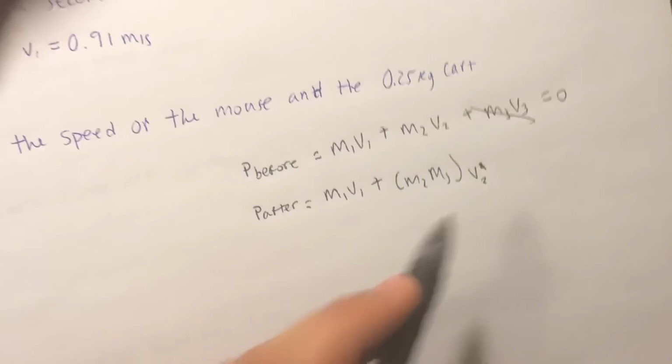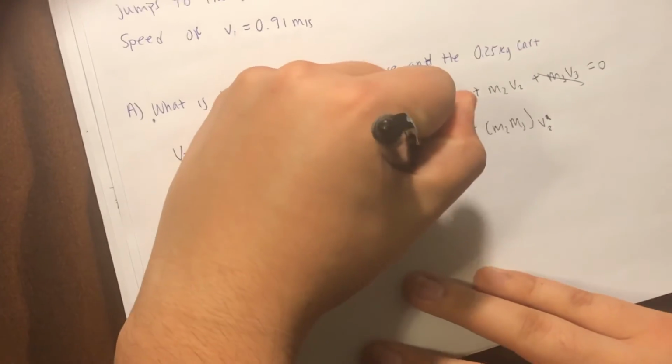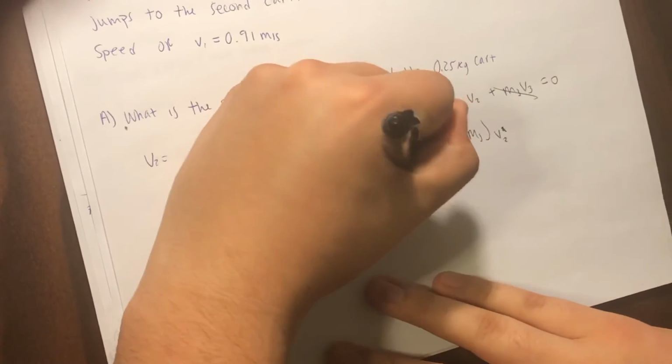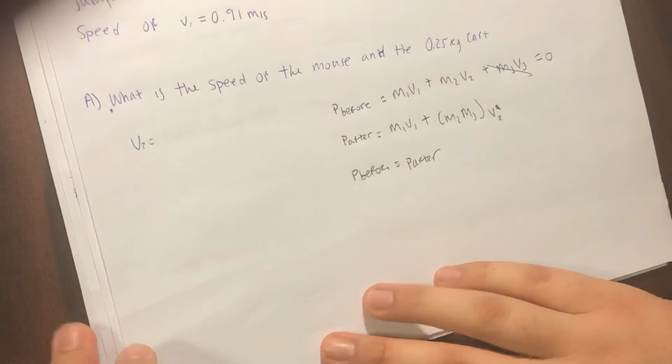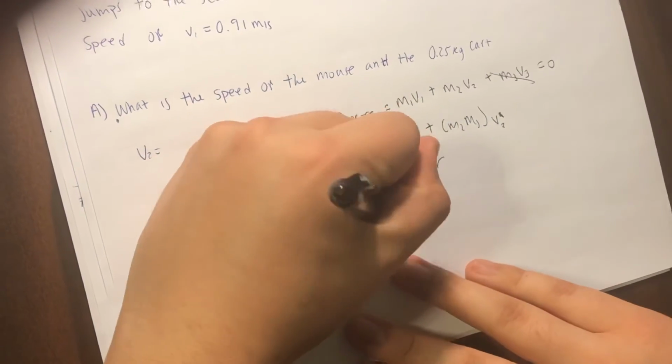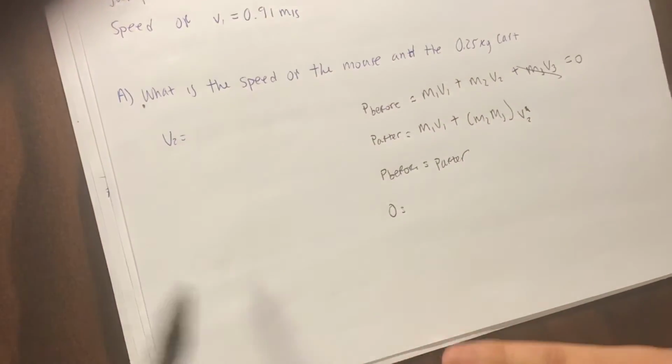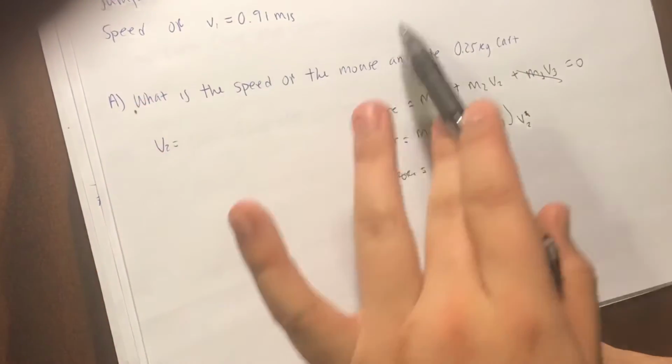So since we're looking for velocity 2, P before equals P after. So it would be 0 equals, and now I'm just going to plug in all the numbers into it.